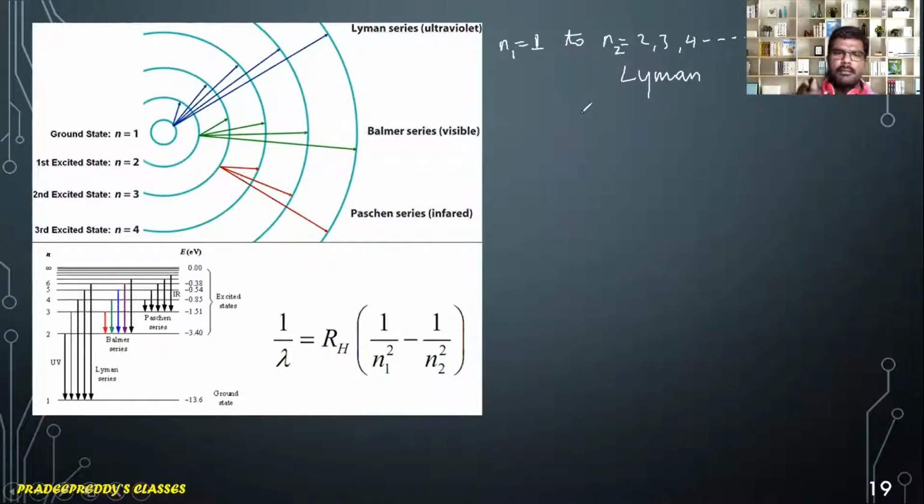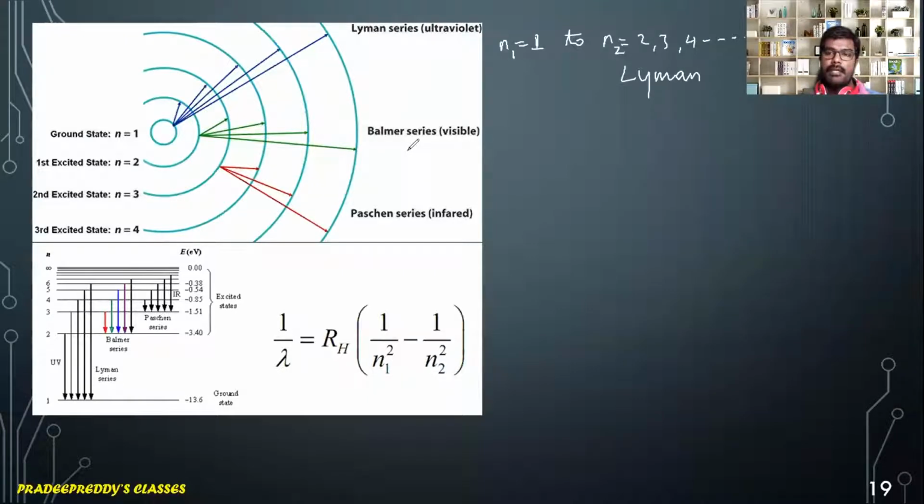In chemistry, you will be learning the converse, from higher orbitals to n equal to 1. If an electron is undergoing such a transition, we generally call it Lyman series. That is absorption spectrum. Remember that. Here I am particular about emission spectrum.